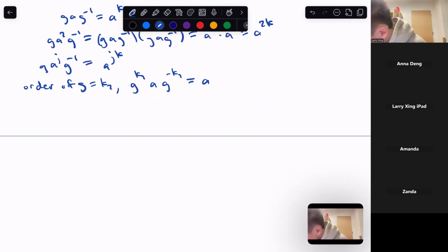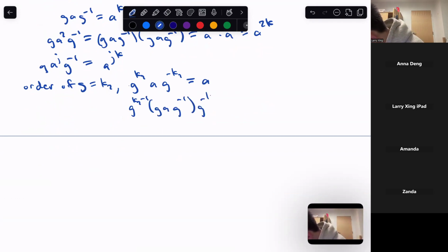And we can see that this is G^(K2-1) times GAG^-1 times G^(-K2+1). Here we see that this is A^K. And so this eventually equals A^(K times K2), which also must equal A.